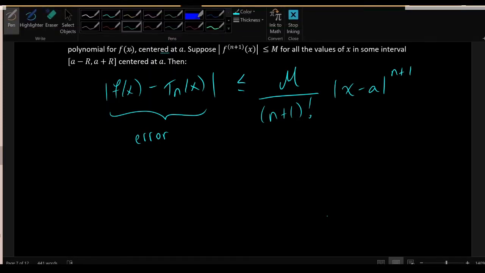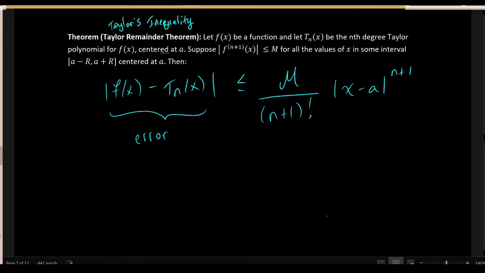So some things to observe about this inequality. The fact that we are dividing by n plus 1 factorial, this quantity n plus 1 factorial increases very rapidly as n increases. And so we're dividing by it, and that is what's giving us the fact that as n goes up, error goes down.